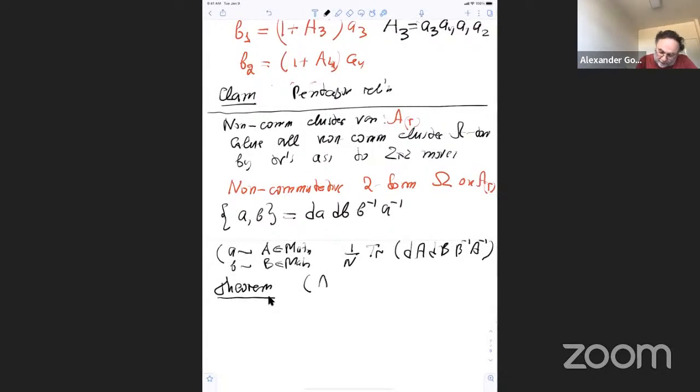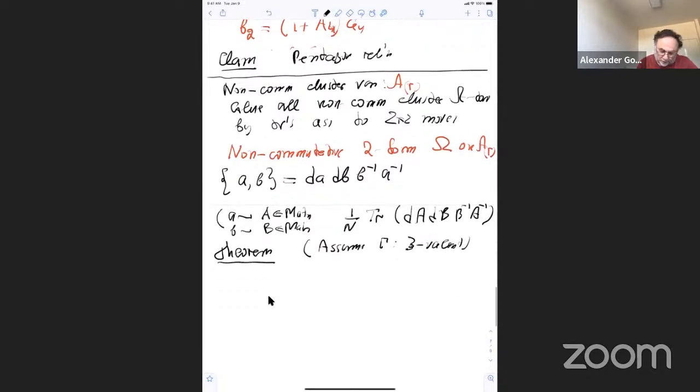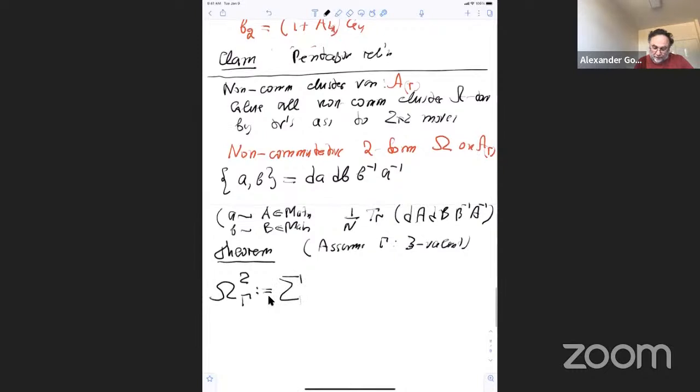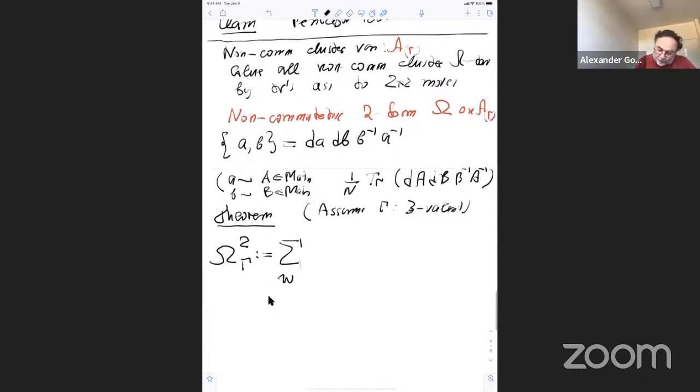To formulate this, I assume for simplicity that gamma is a three-valent graph. There is also an explicit formula in general, I just don't want to spend time on this. And so the claim is that if you consider the following two form, which is just a sum over vertices. So you have white vertices and you have black vertices. If you have a white vertex, you have three numbers, A, B, C, and if you have a black vertex, you also have three numbers.